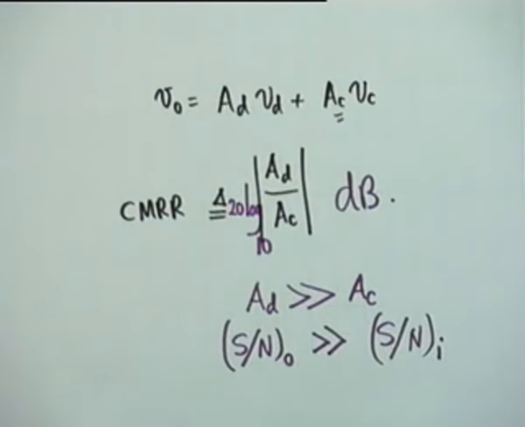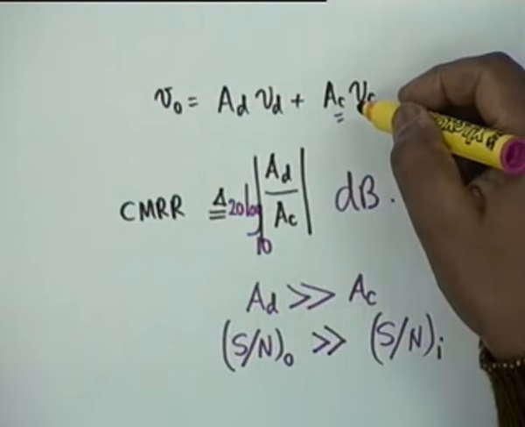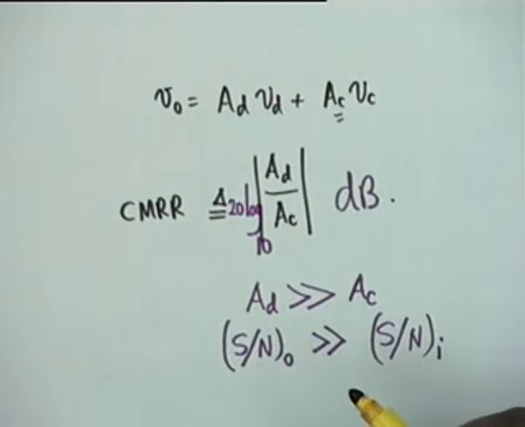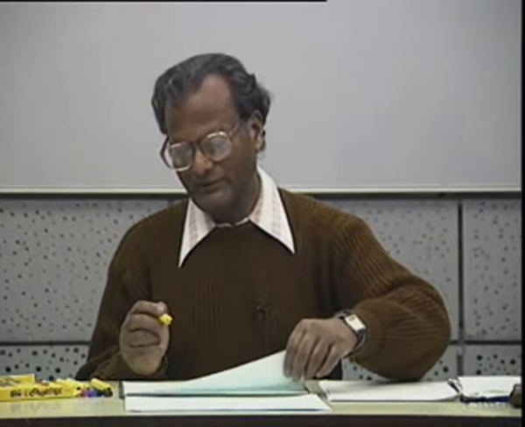The signal component will be amplified by AD, and if AD is much greater than AC, naturally the ratio at the output will be much greater than the ratio at the input. So signal to noise ratio is improved by a differential amplifier. This is another bright feature of a differential amplifier.